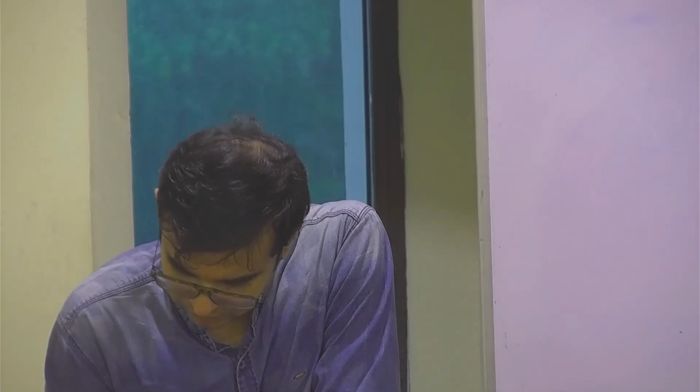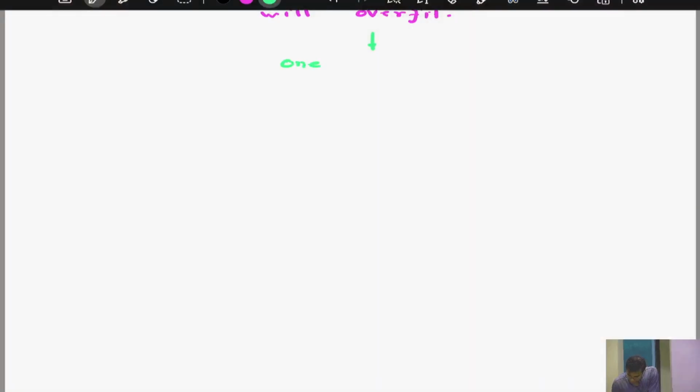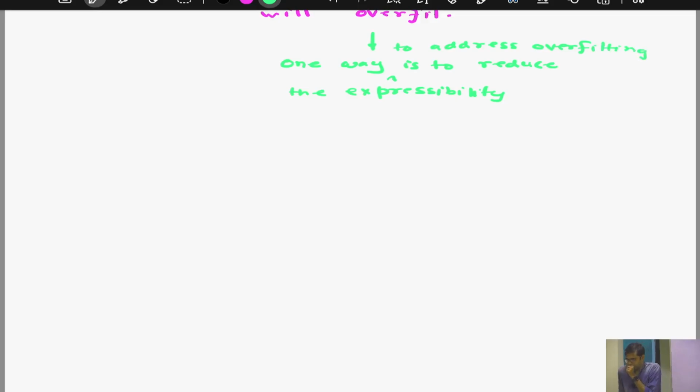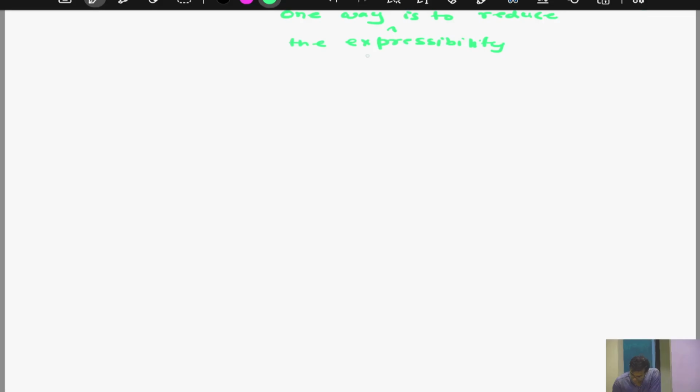So one way to address overfitting is to reduce the expressibility, which means reduce the number of parameters.